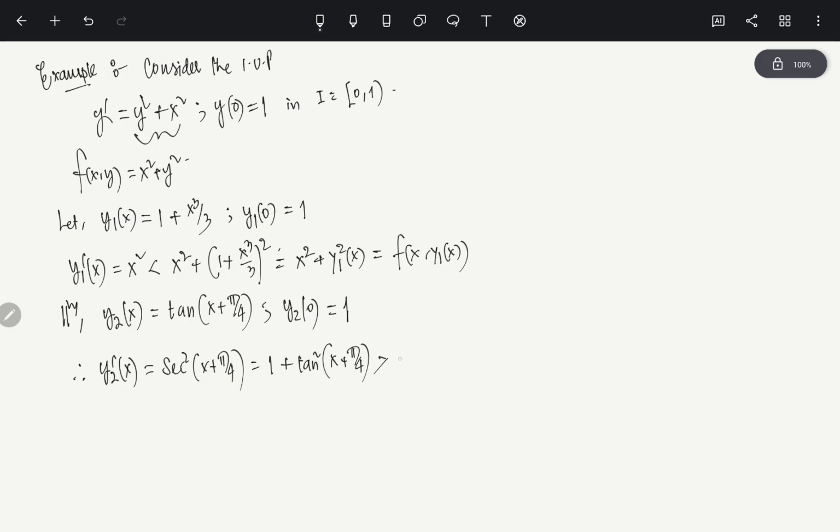This is dominated by y2 square of x plus x square, since x is always between 0 and 1, so 1 dominates x square.